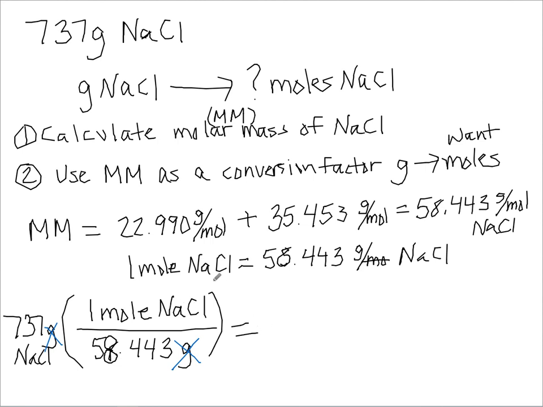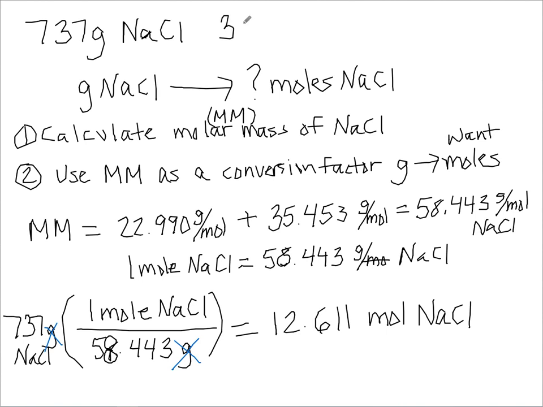When you do this, you're going to put into your calculator 737 divided by the 58.443, and you should get something like this, 12.611 moles of NaCl. Unfortunately, your calculator does not tell you sig figs, so we have to go back to the problem and look at what measured value we were given.